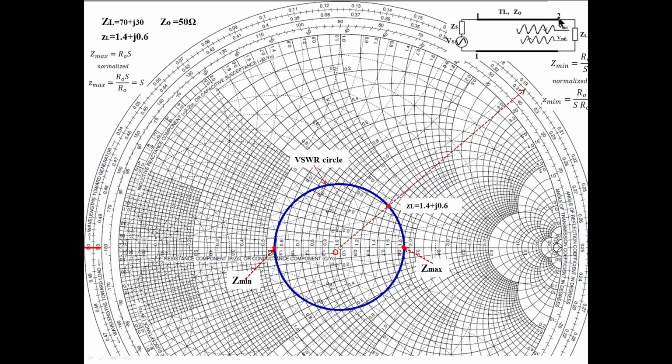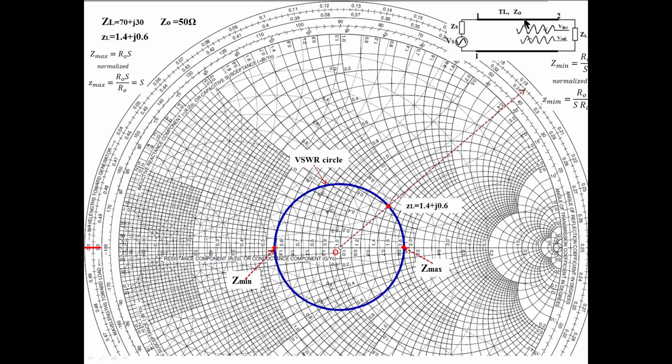If you move a distance of 0.058 like this and stop there, the normalized impedance you will get is 1.8 plus j0.